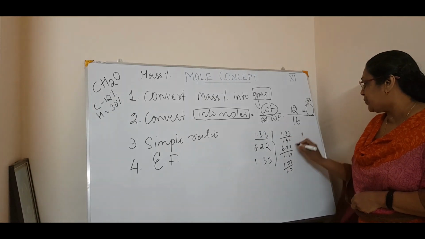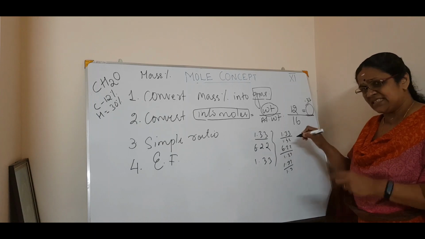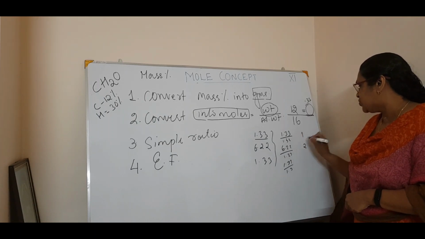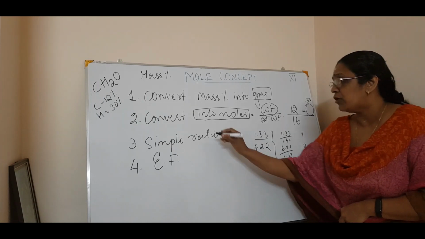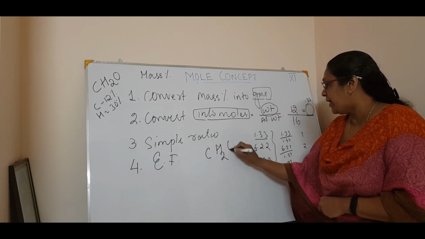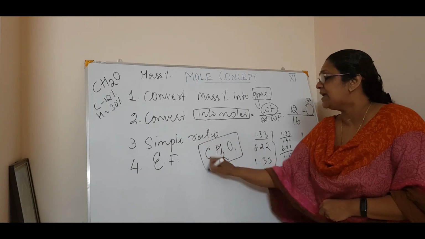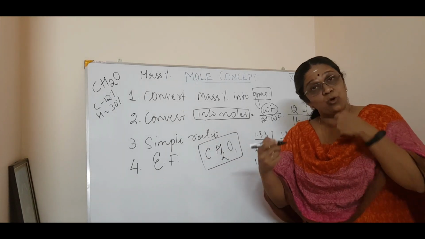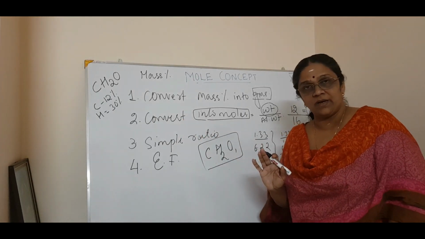Correct? So you will get the ratio as 1, then 2 and 1. Then what will be the formula? C1, H2 and O1. So we will see in the next class how to do the numerical for an empirical formula.